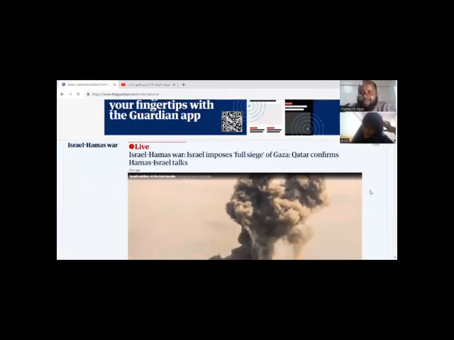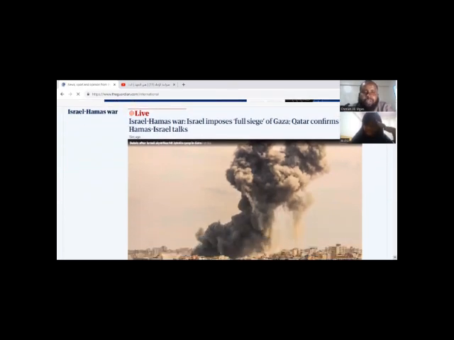So, can you see the newspaper? Yeah. Okay, then. So, what's the main story about? Just look at the title and the picture. Okay. Israel-Hamas war. Israel imposes full siege on Gaza. Qatar confirms Hamas-Israel talks.